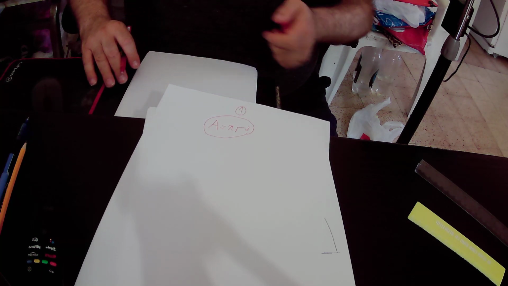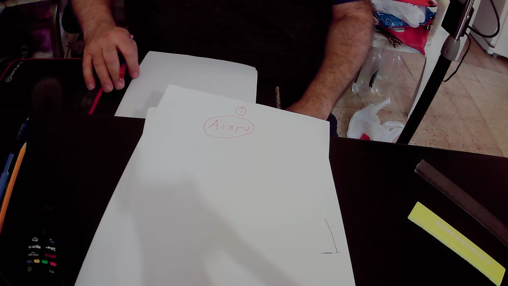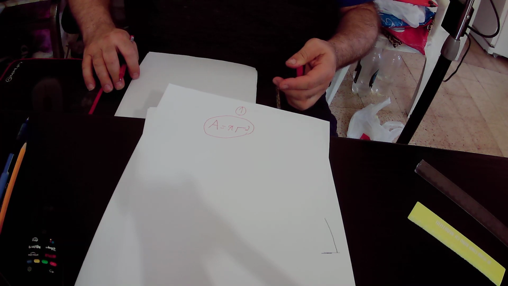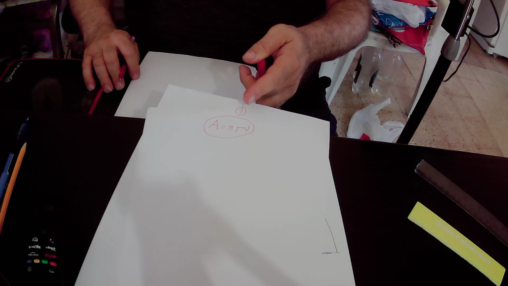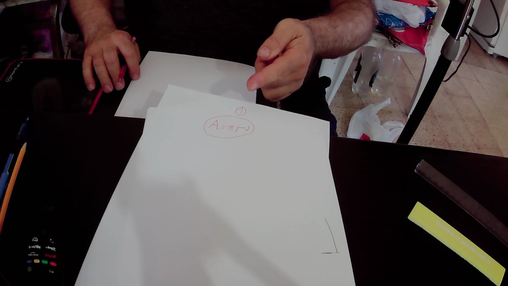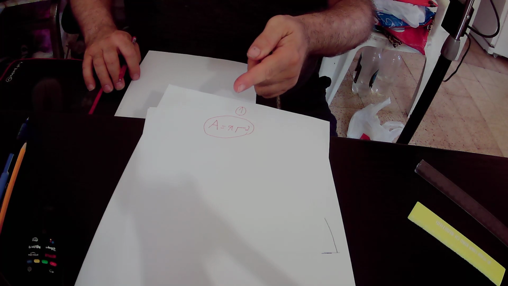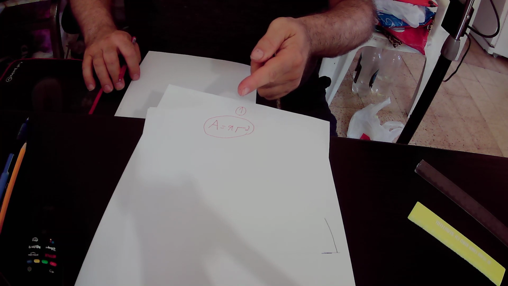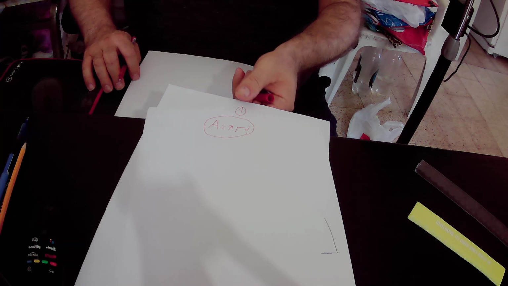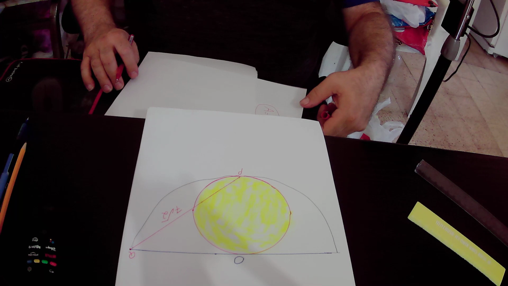So that is the area of any circle. After we know the radius of the yellow circle, we square the radius and multiply it by pi, and that will be the area of the yellow circle.